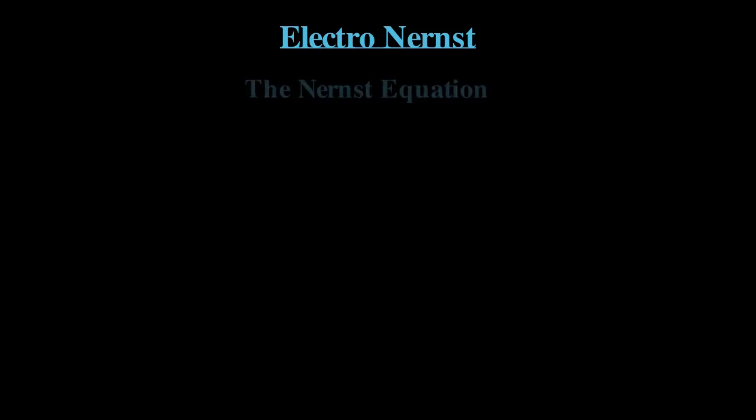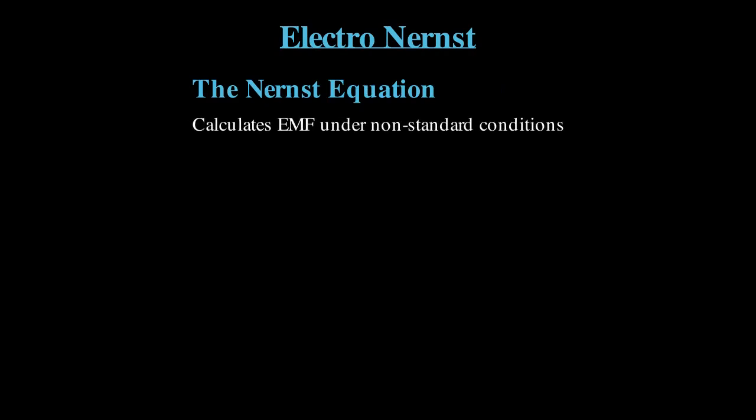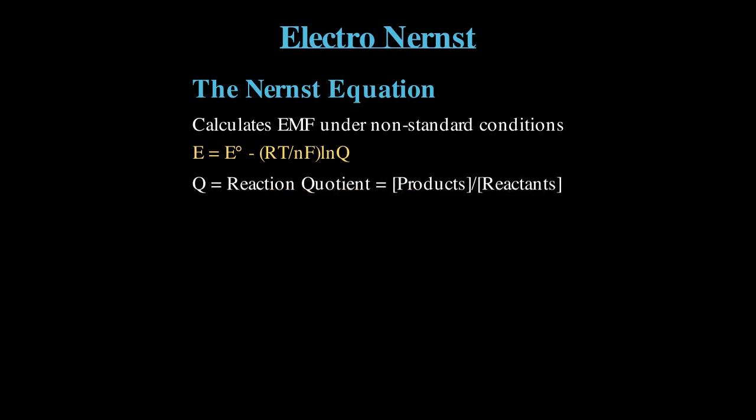For that, we use the Nernst equation. This powerful formula calculates the cell potential under any non-standard conditions. Its general form is E equals E0 minus RT divided by NF, all times the natural log of Q, where Q is the reaction quotient.